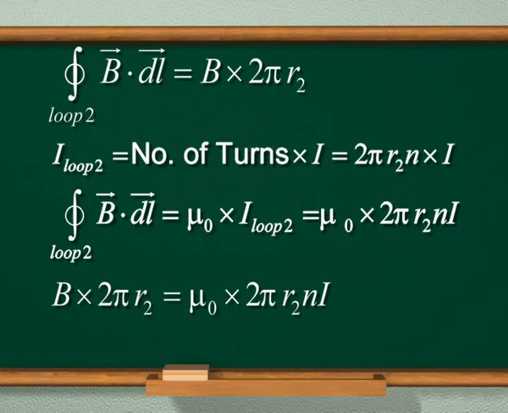This gives B equal to mu naught times NI. Here, it can be noticed that this result is similar to that of a solenoid.